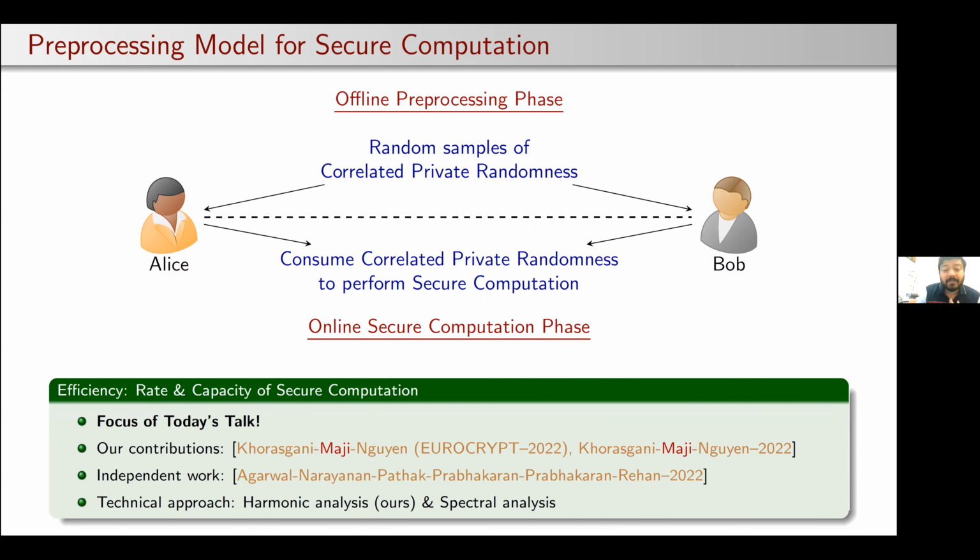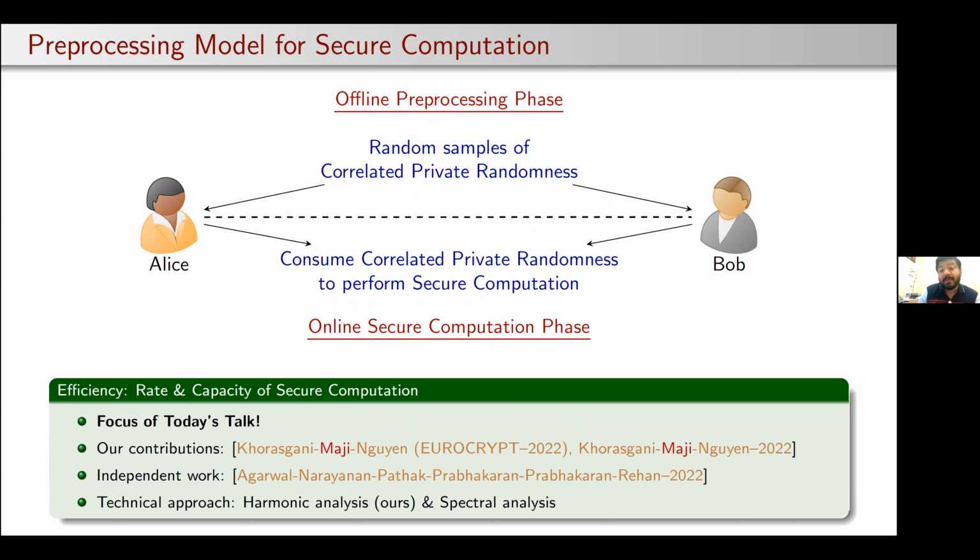A natural problem for secure multi-party computation is to ask whether secure computation is feasible under certain constraints, what is the most efficient protocol that's possible, and consequently, rate and capacity of secure computations are natural directions of research.